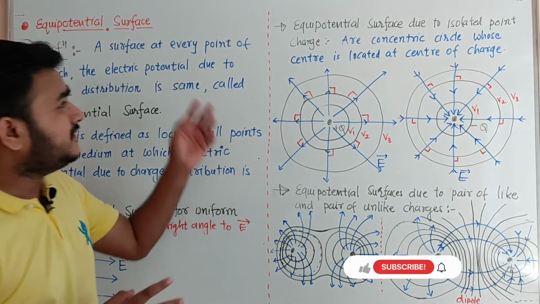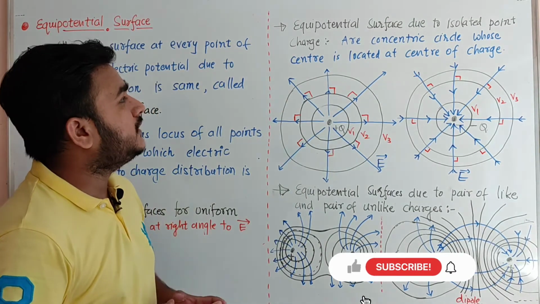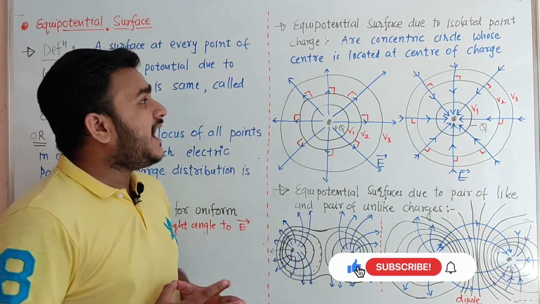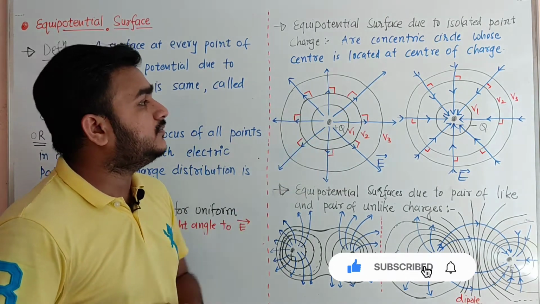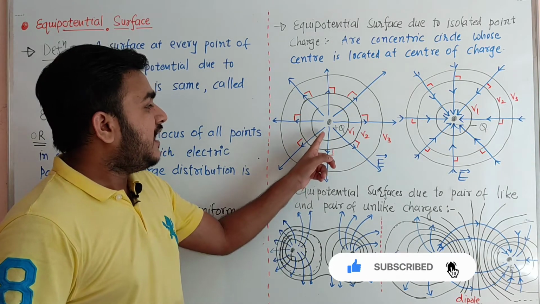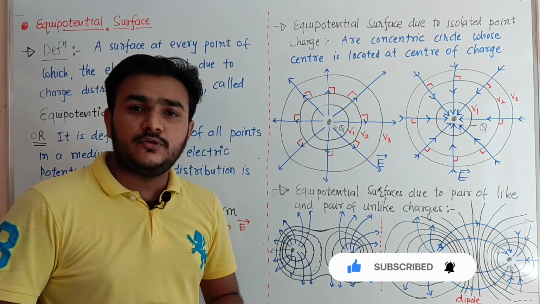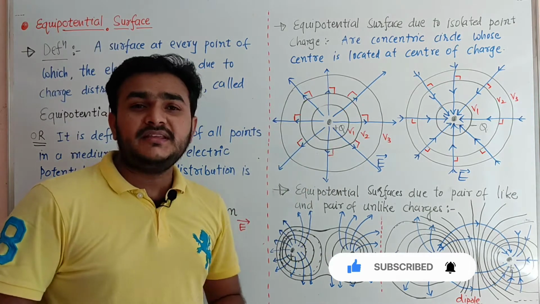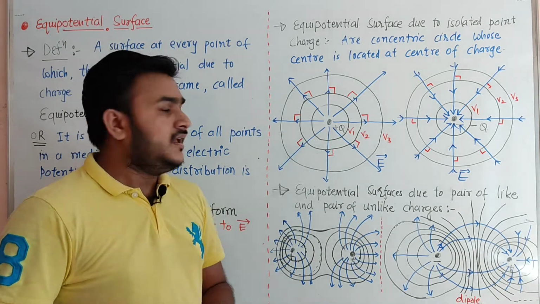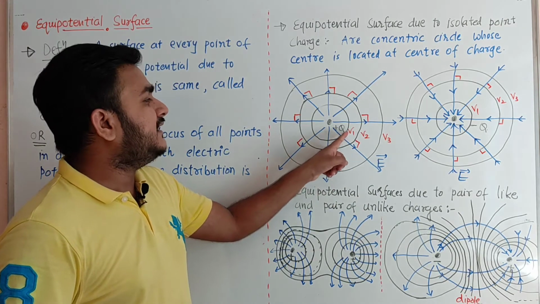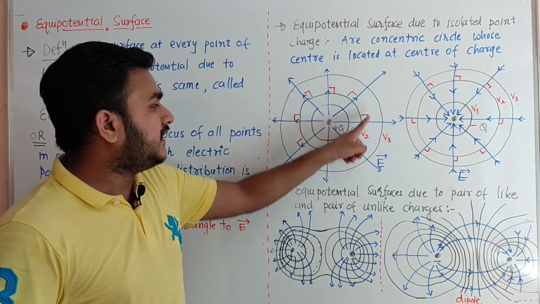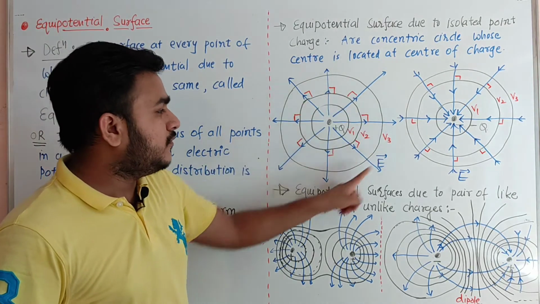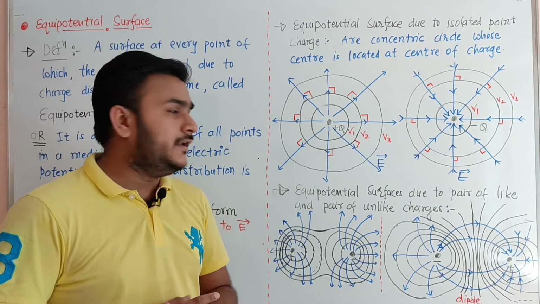Now look at the equipotential surfaces due to isolated point charges. They are concentric circles whose center is located at the center of the charge. For the positive charge, I have shown the electric field lines with the blue marker and the equipotential surfaces with the black markers. Here I have also mentioned that the inner equipotential surface has some value of potential, the outer has a different value, and the outermost has another value.